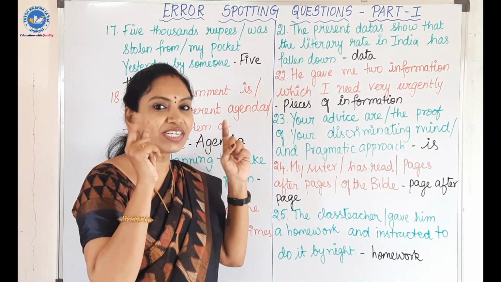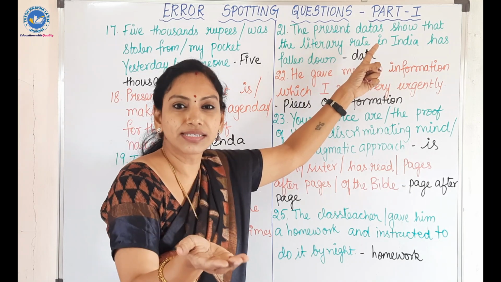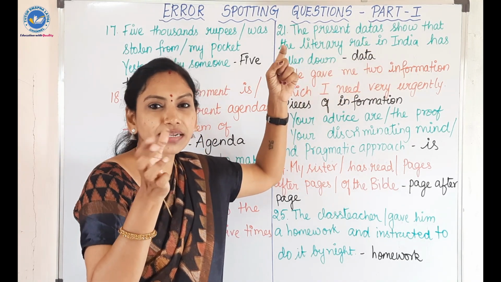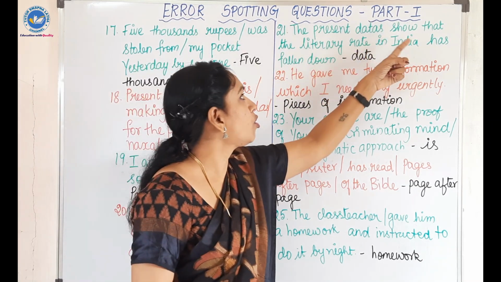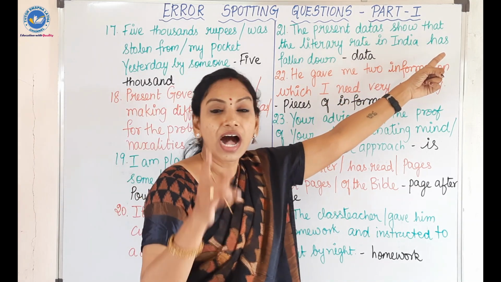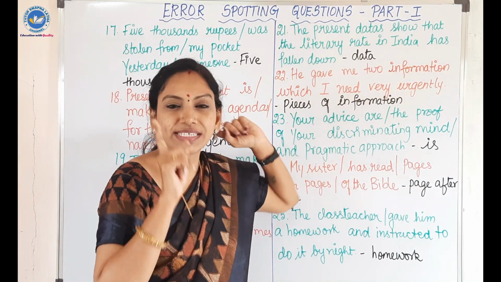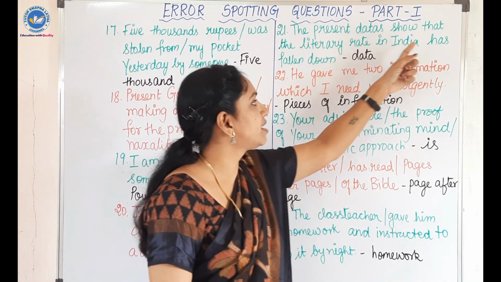Next, the 21st question. The present datas. Data is an uncountable noun. You cannot have datas. Wrong. Show that the literary rate in India has. I always told you, if you have to decide about a noun, please look at the verb. What is the verb here? Has.